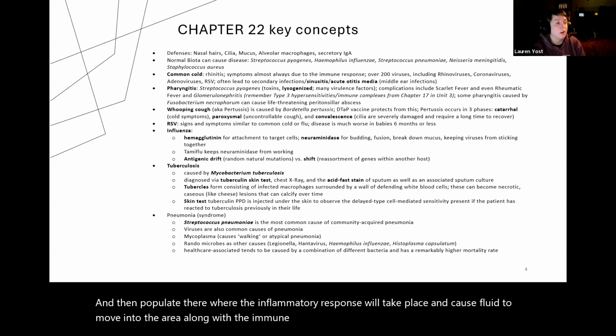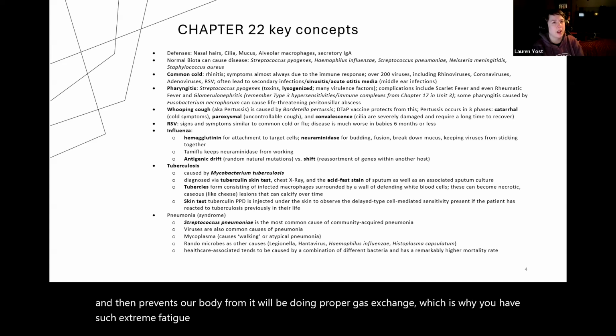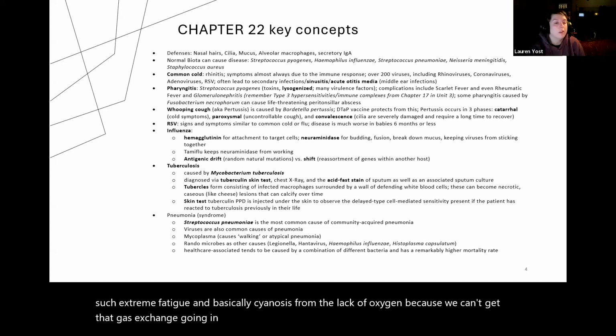But the fluid then fills the alveolar sacs and prevents our body from doing proper gas exchange, which is why you have such extreme fatigue and cyanosis from the lack of oxygen, because we can't get that gas exchange going in the alveoli. And that's the progression of pneumonia.